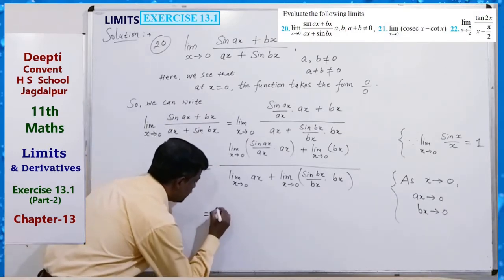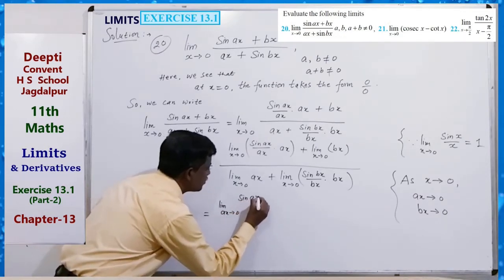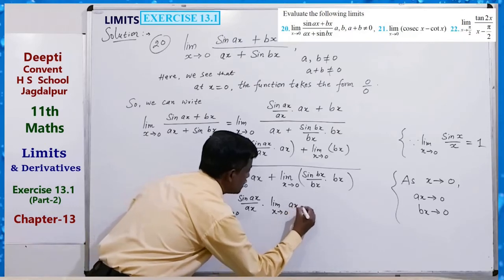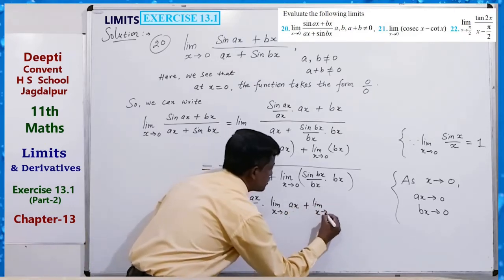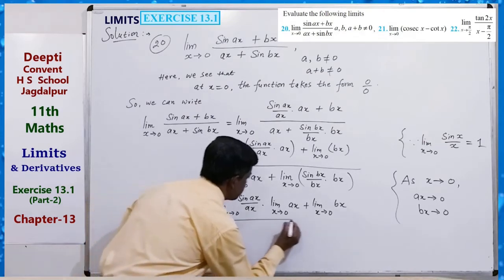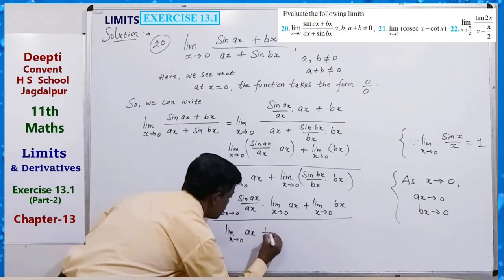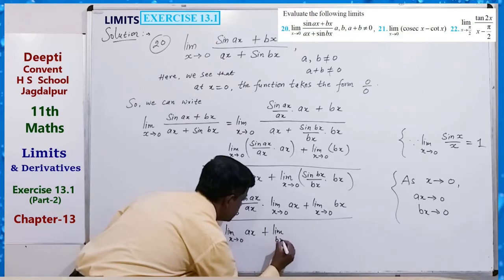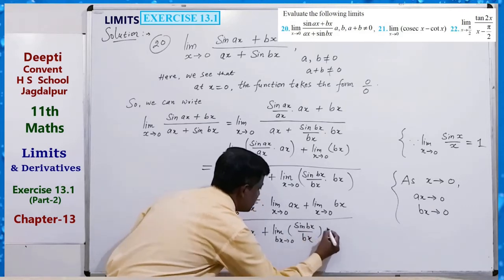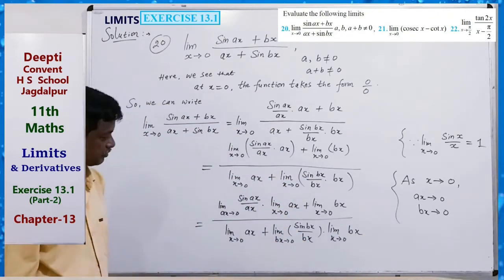So here we can write limit ax tending to 0 of sin ax upon ax into limit x tending to 0 of ax, plus limit x tending to 0 of bx, upon limit x tending to 0 of ax plus limit bx tending to 0 of sin bx upon bx into limit x tending to 0 of bx. Clear?